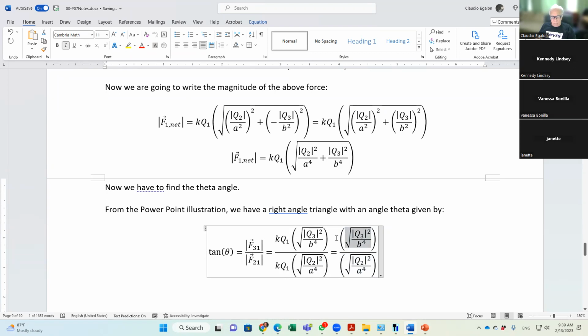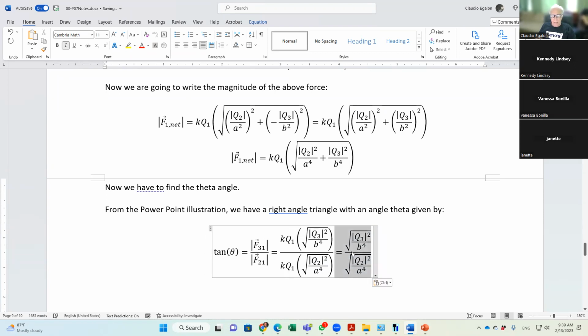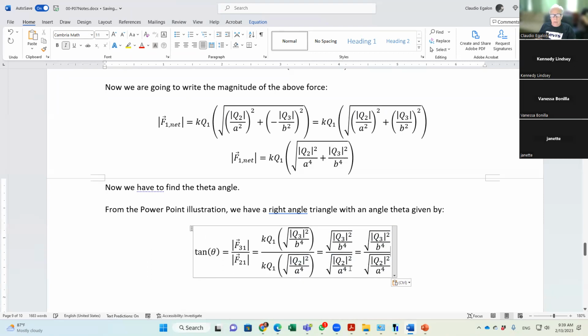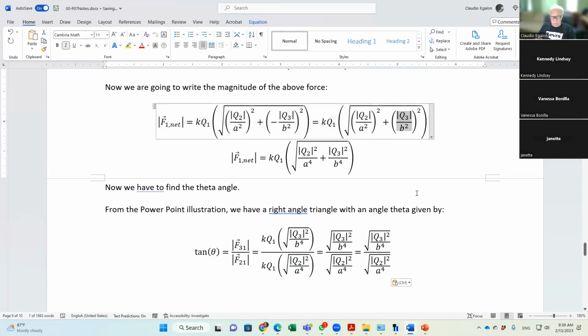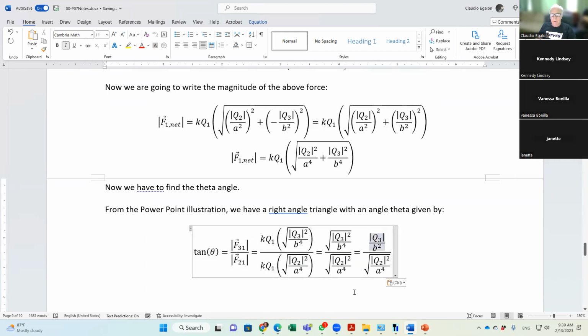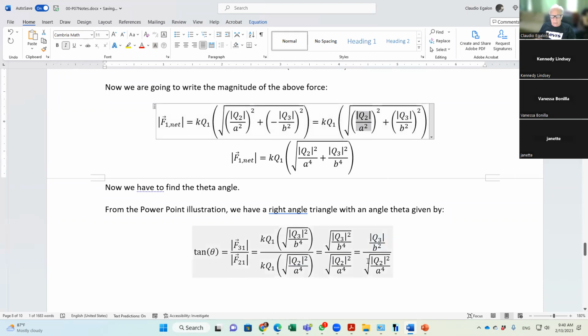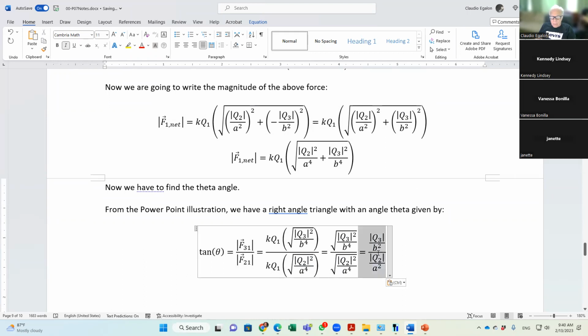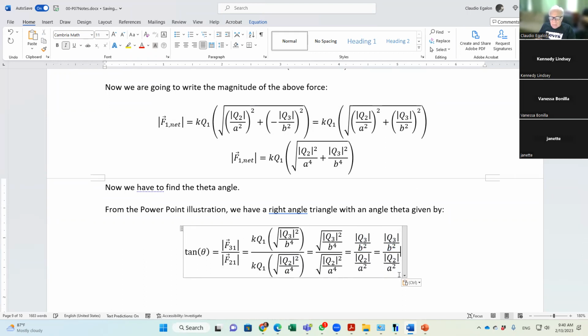So let me take out this square root from the parentheses first, and then we proceed with the simplification. Now, what is upstairs is going to become something like that, right? And what is downstairs is going to become something like that. Can you simplify further? Doesn't look like it.